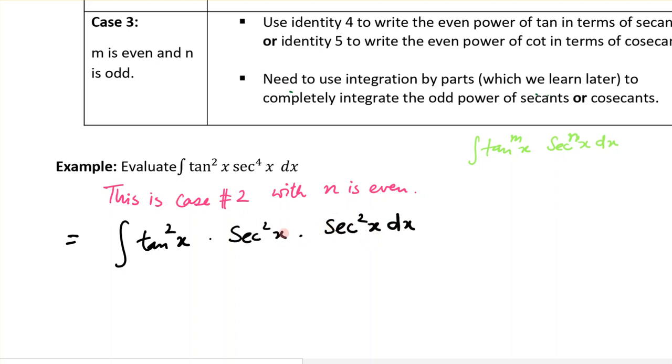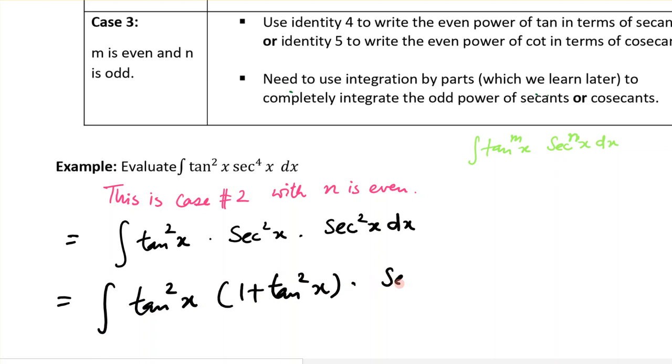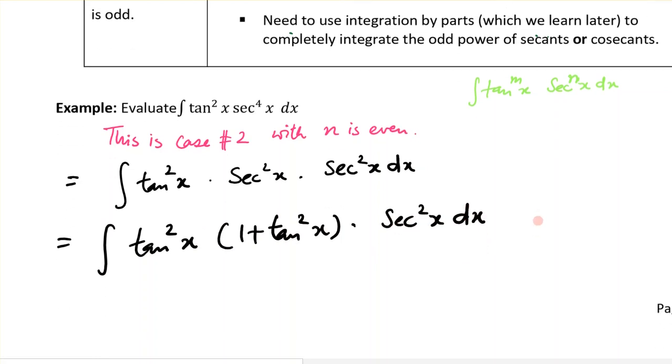And now, whatever the secant square terms are extra, we're going to convert those terms into our tangent square terms. So using the relationship that secant square x is equal to 1 plus tangent square x, we're going to plug in that value, and now I can split this as two integrals.